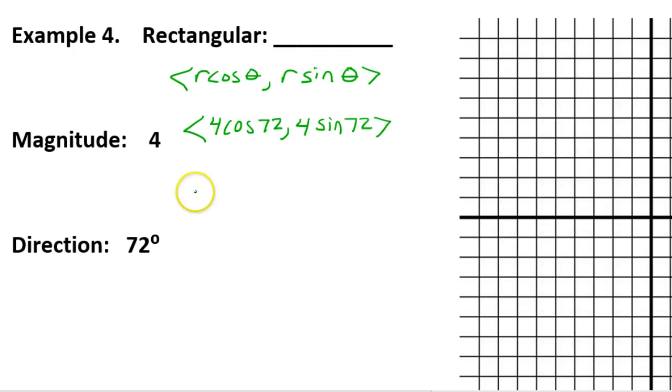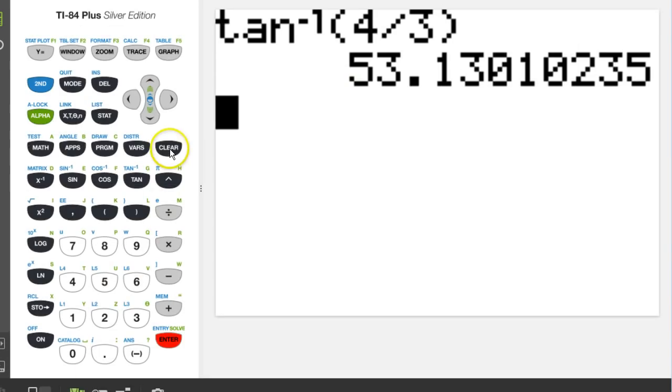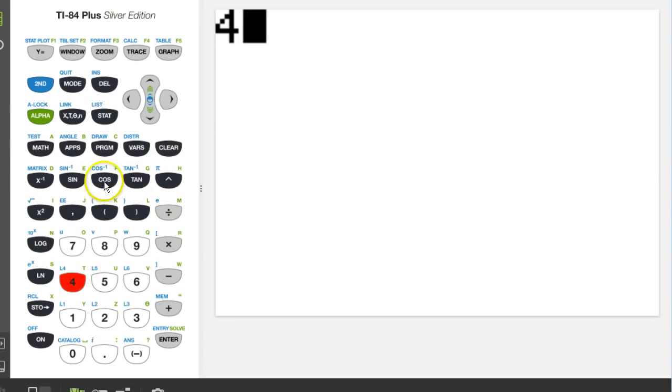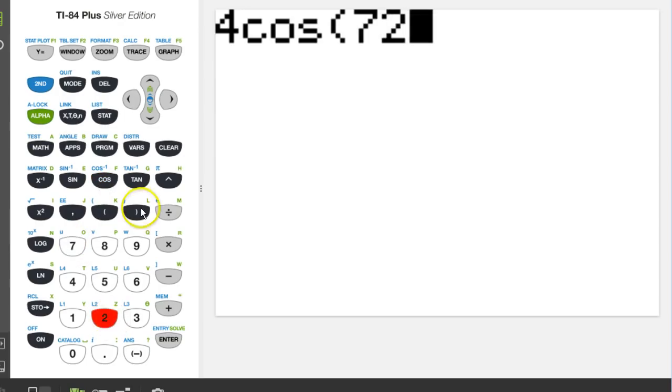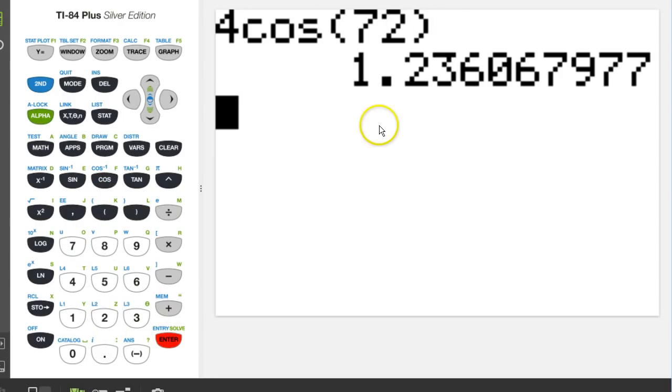So we'll just put these numbers in the old calculator. Okay, 4 cosine 72. That's 1.2.